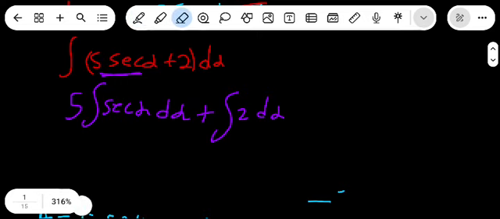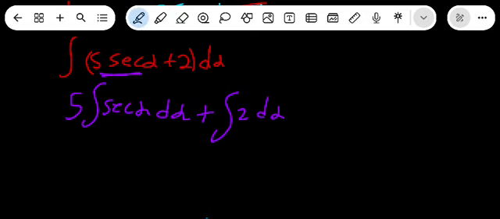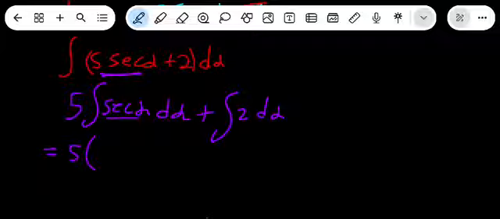So let's take the integral of this: we have 5 multiplied by the integral of sec. We have to check that. We know that we take the integral of this and that separately.